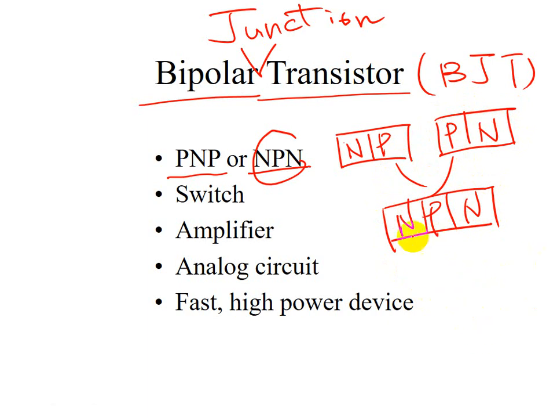So we call this bipolar junction transistor. It can be NPN type or PNP type with N semiconductor at the center.